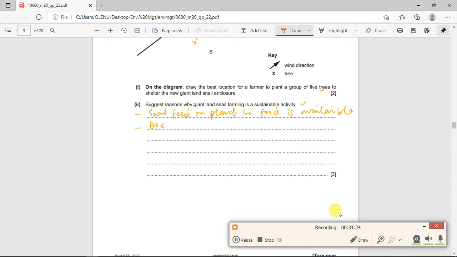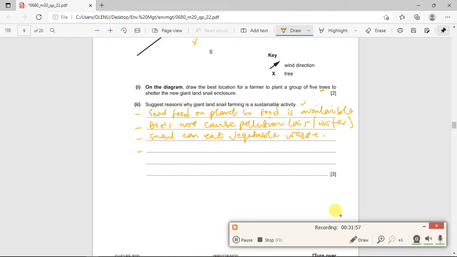It does not cause pollution, which can be both air or water pollution. It doesn't even cause noise pollution. Snail can eat vegetable waste, so vegetable waste can be given to them and they'll feed on it.